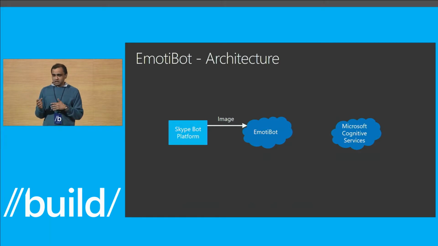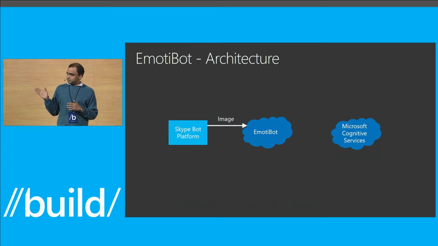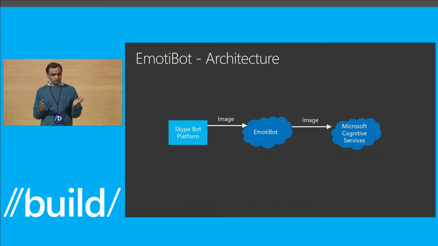So MOT bot now downloads the actual bytes for the image. I'm not showing this, but in essence, at the end of this flow, MOT bot has the actual content of the image. The next step is the bot calls into the Microsoft Cognitive Services that you heard Satya talk about in the keynote. It has a service for emotion detection. So we call out into the Microsoft Cognitive Services API with the image.